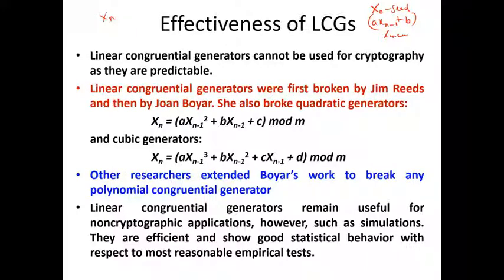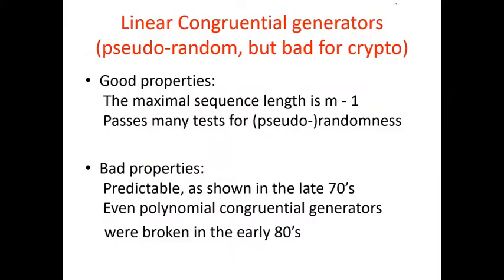They give good statistical behavior, and they pass many of the randomness tests. So coming to the good properties of LCGs, they have maximal sequence length, which is m minus 1, which is quite good.